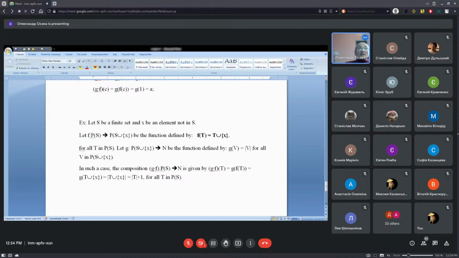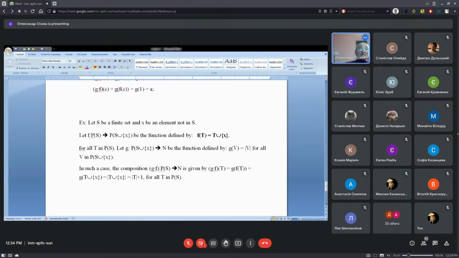After that, G, we are driving at an example of a product of the function. That's why we discussed that here we have a function that adds one more element to each subset from the power set.